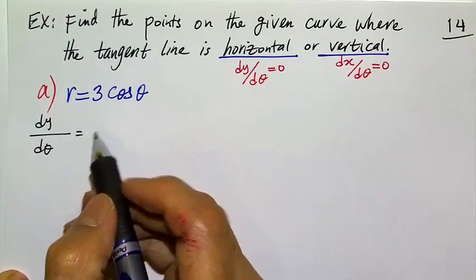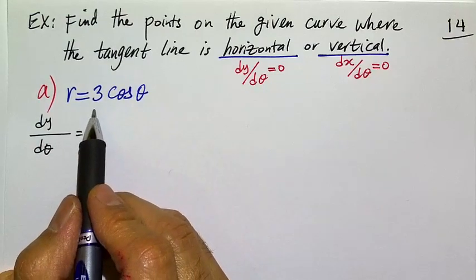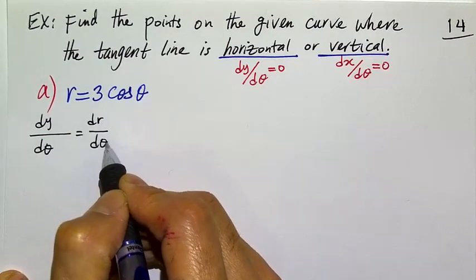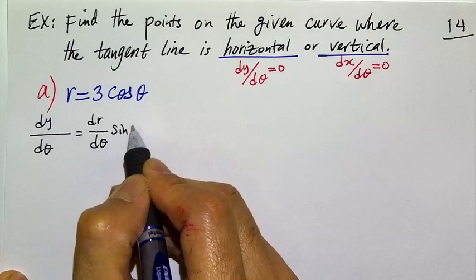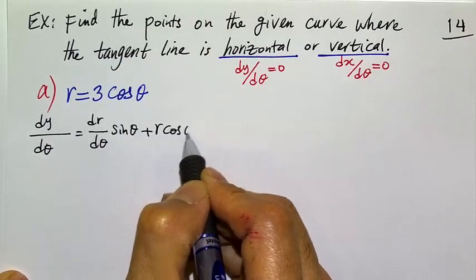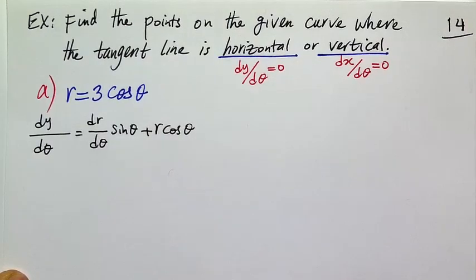So dy/d theta, our formula was dr/d theta times sine theta plus r cosine theta. Okay.